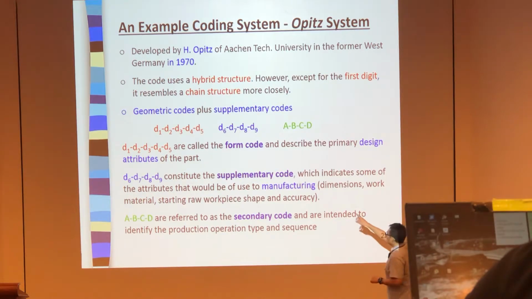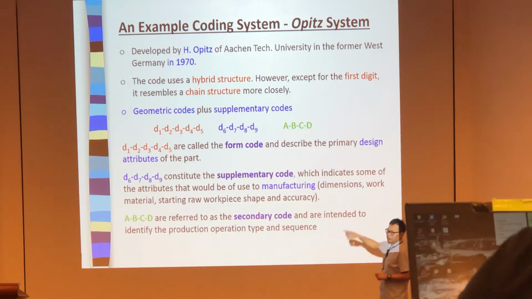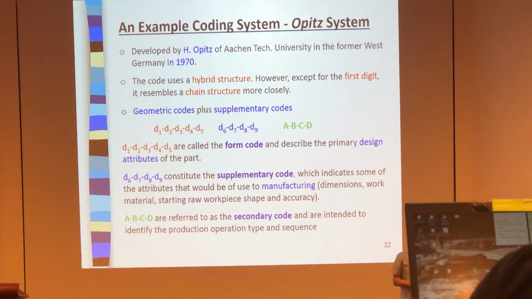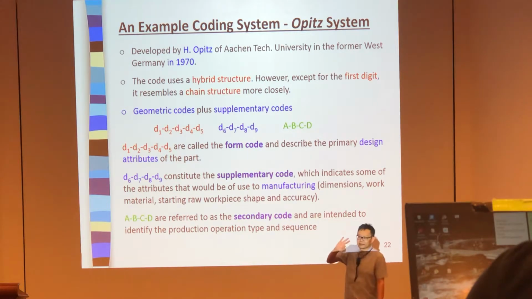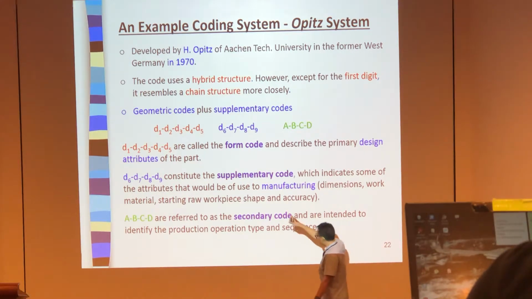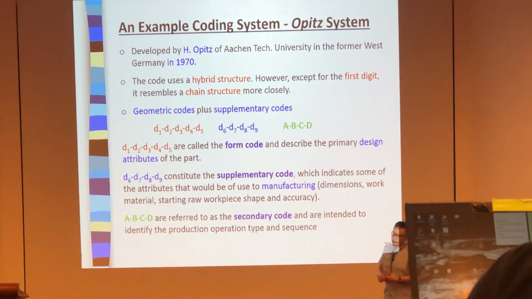The code can actually be used in a very flexible way. The reason is that in total it has 13 digits, but partitioned into three sections. The first 5, D1 to D5, are called the form code.